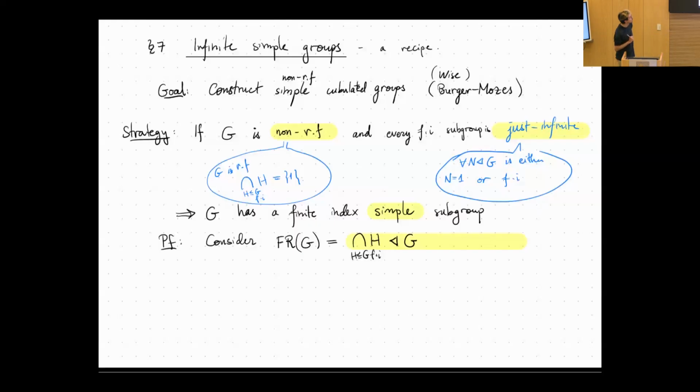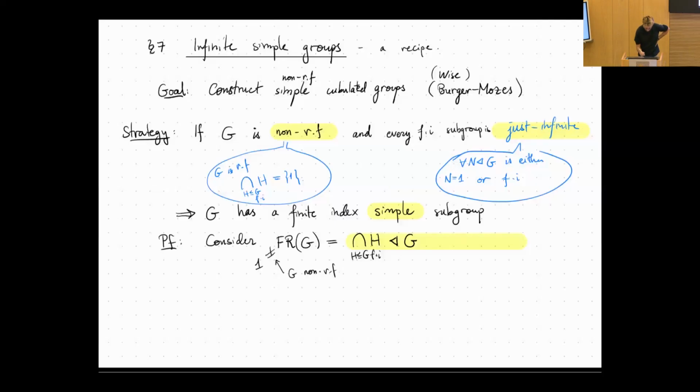But G is non-residually finite, so this is non-trivial. So FR, let's put it there. It's non-trivial because G is not residually finite. Okay, so since G is just infinite, it must have finite index itself, right?